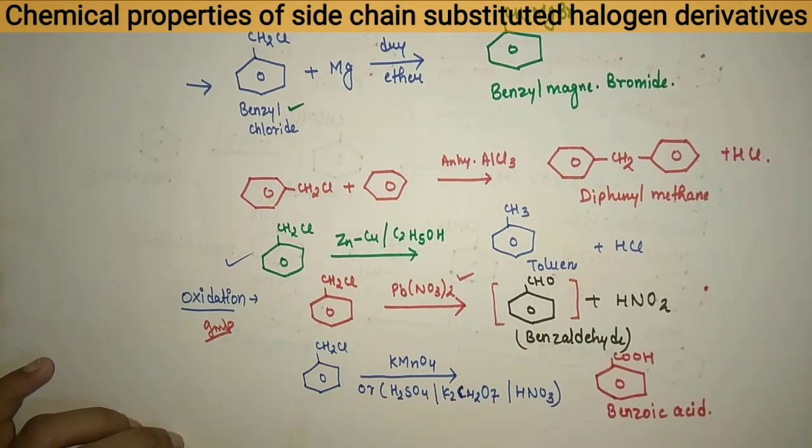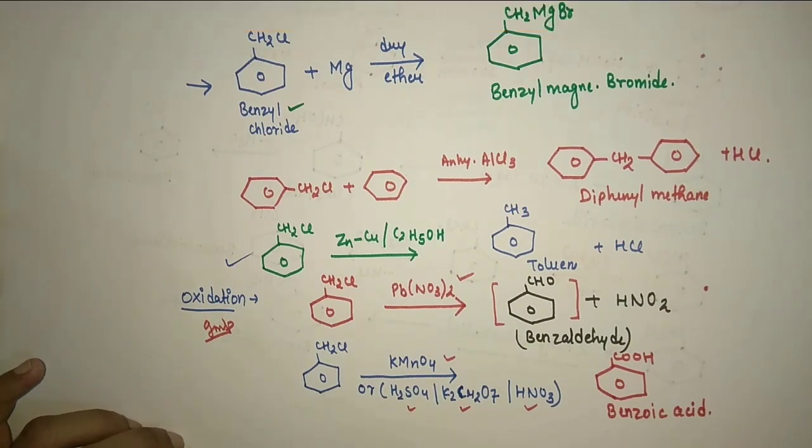But what happened when our benzyl chloride gets oxidized with a strong oxidizing agent, just like KMnO4, or we can take H2SO4, potassium dichromate, and HNO3? We can use either of them. Okay, so in the presence of strong oxidizing agent, the benzyl chloride will convert into the benzoic acid. Okay, so this is the oxidation of substituted haloarenes.